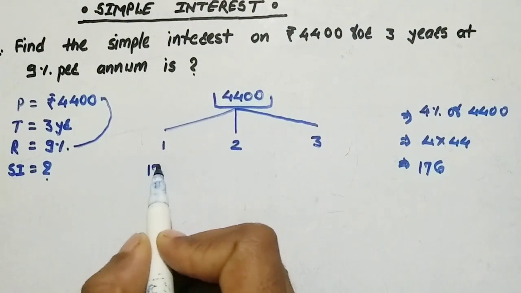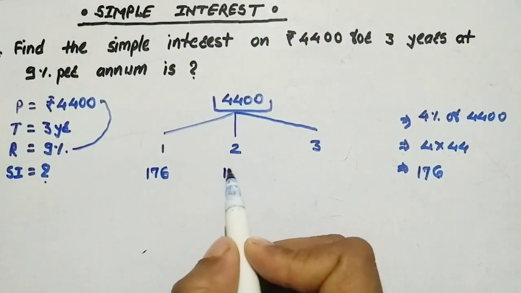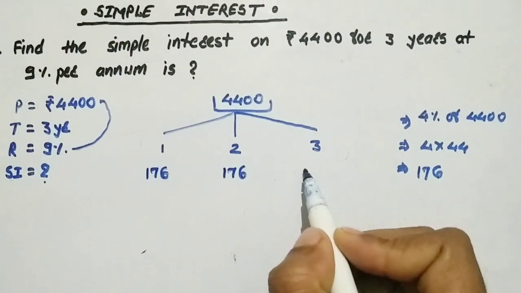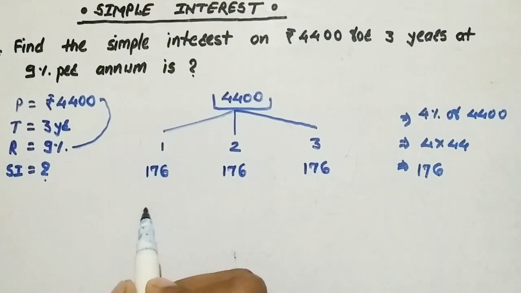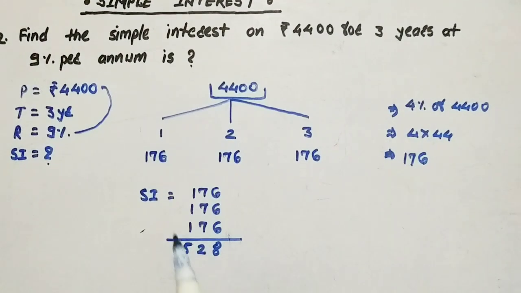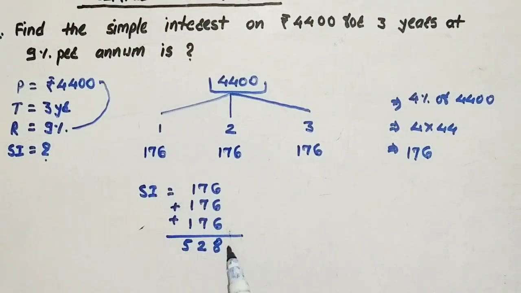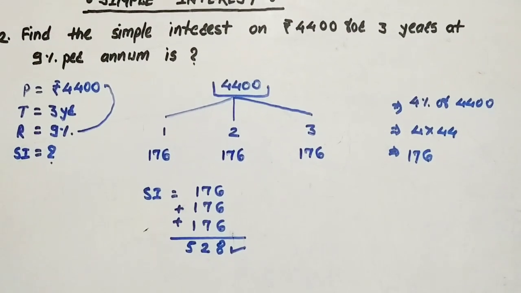So first year simple interest is 176, second year also the same, and third year also the same. So simply we add, so 176 times 3, that is 528. So simple interest for 3 years is 528. I think this is clear to every student.